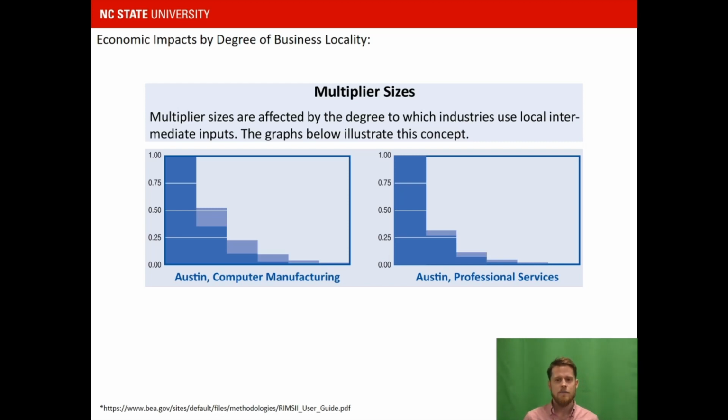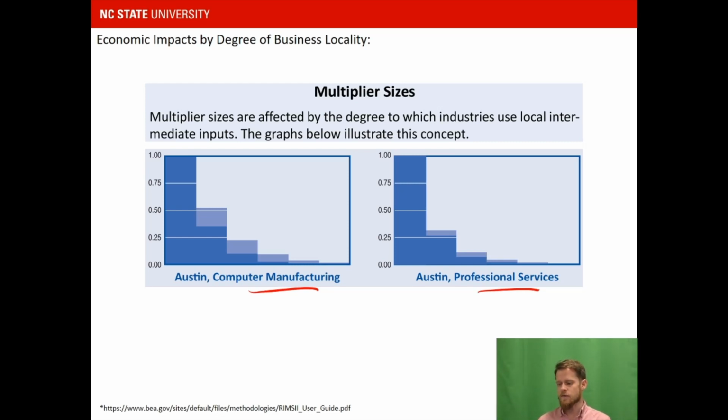So another topic that I want to discuss is the locality of businesses and why that matters. We already looked at similar charts like these earlier in the presentation. And now we're going to compare two different industries: computer manufacturing and professional services. I'm going to show you why locality of businesses matters.